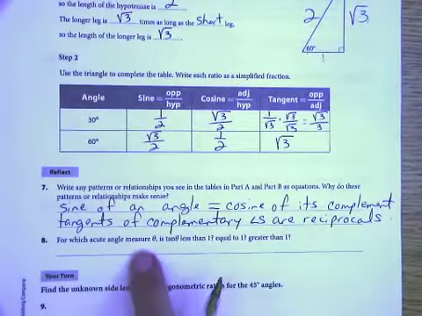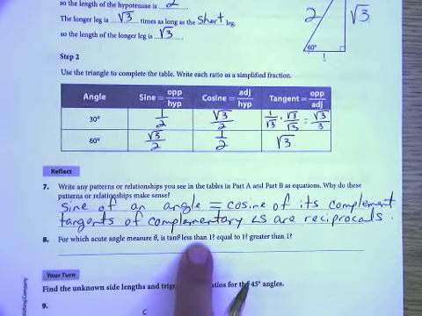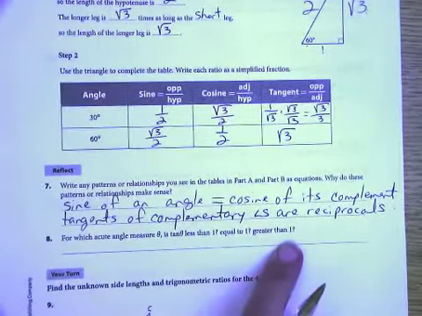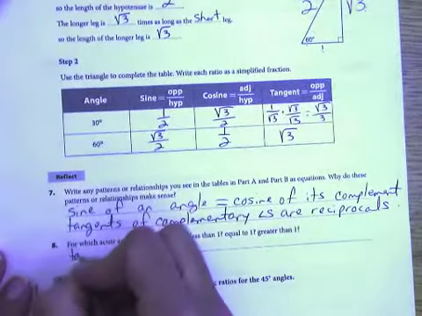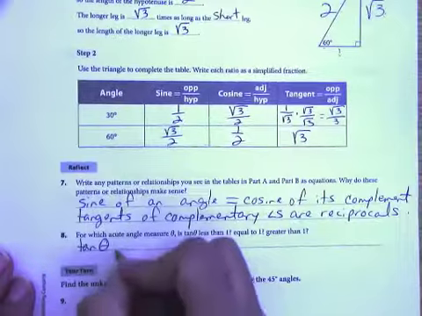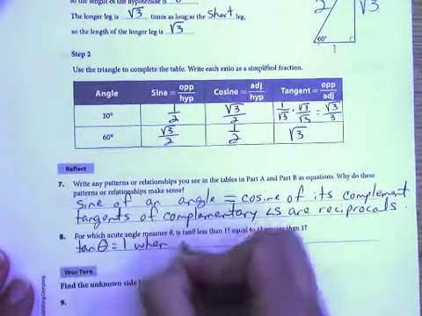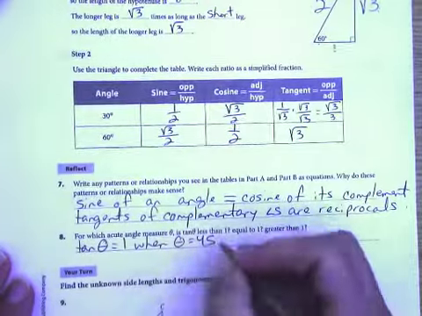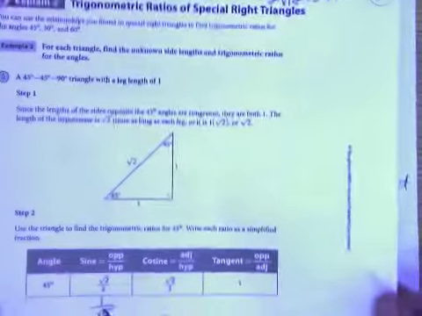For what acute angle measure theta is tangent of theta less than 1, equal to 1, or greater than 1? All right. Well, we know that the tangent of theta will equal 1 when theta is 45 degrees. We saw that here.